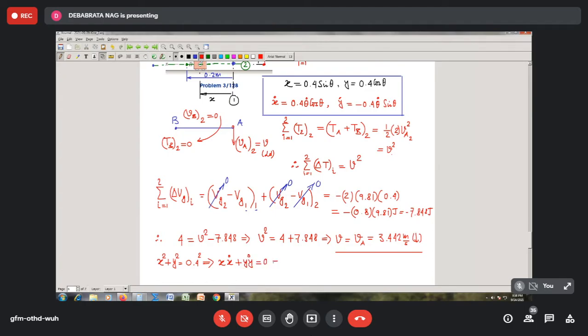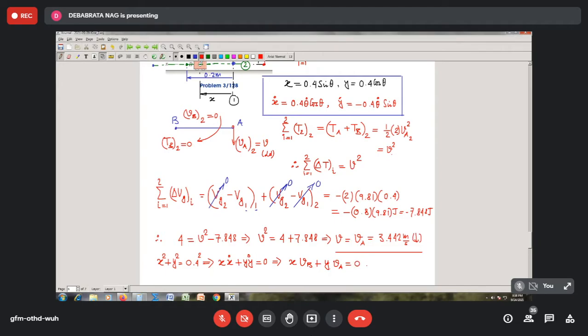This is true for any position. And what is x dot? This is the velocity of block B. So x, which defines the coordinate of block B, into velocity of block B, plus y, which defines the coordinate of block A, into velocity of block A, becomes equal to 0.